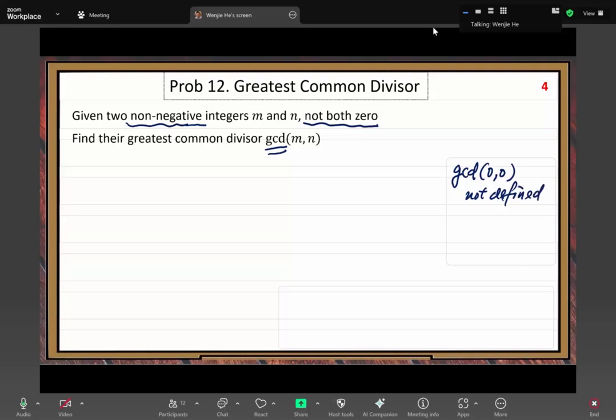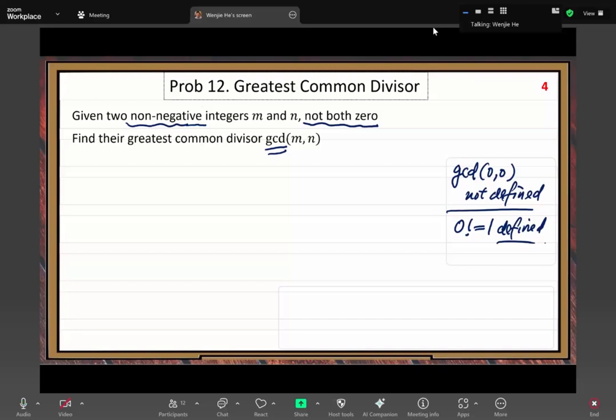Remember in the last lecture, Monday's class, we defined the value 0 factorial equals 1, right? So this value can be defined easily. But for GCD, you cannot define it.